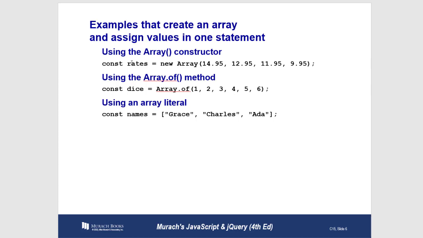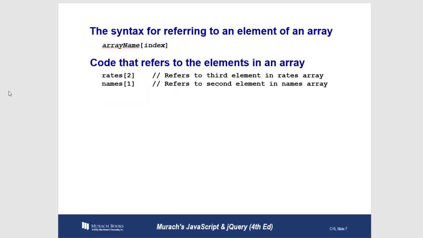This creates an array that contains all 4 of these values. Same thing here with Array.of, we can contain these 6 values. And then using literals, this would be an array of strings in this case. So there are 3 strings: Grace, Charles, Ada.